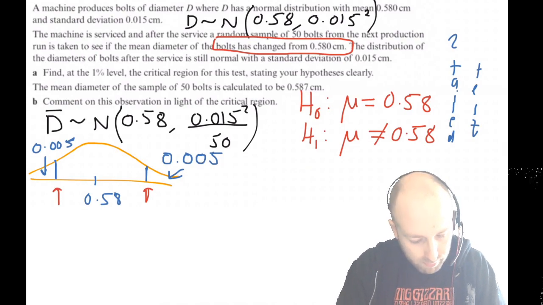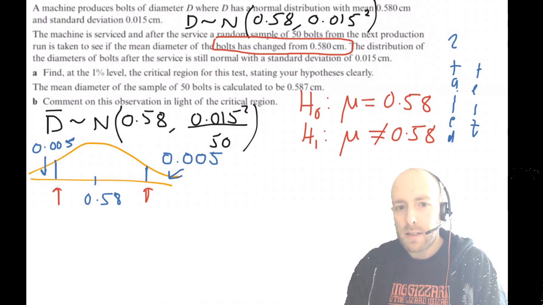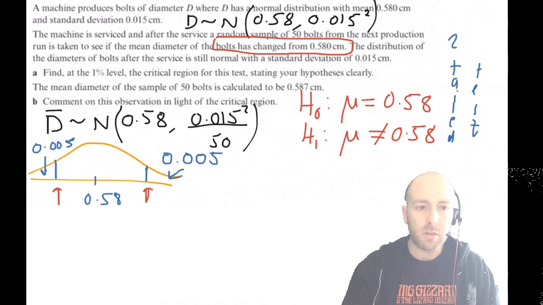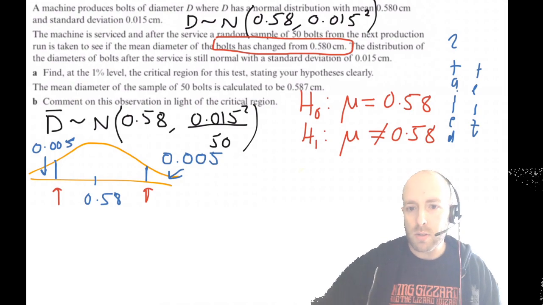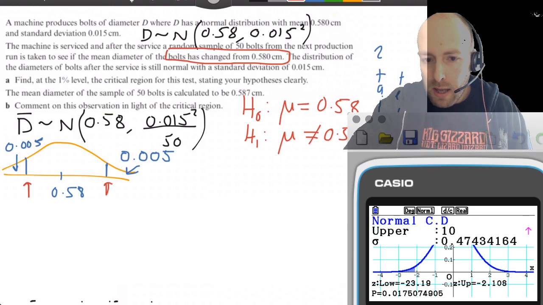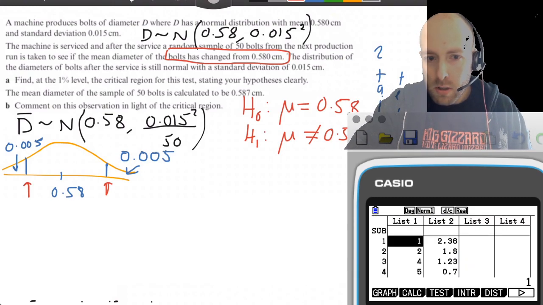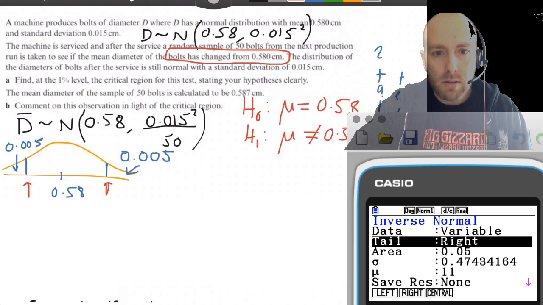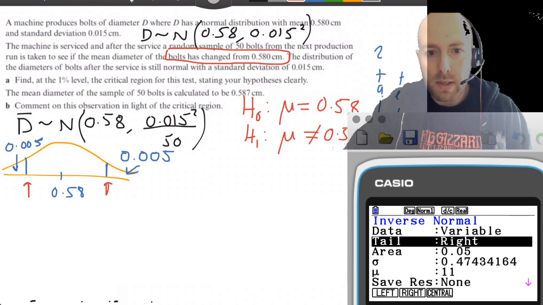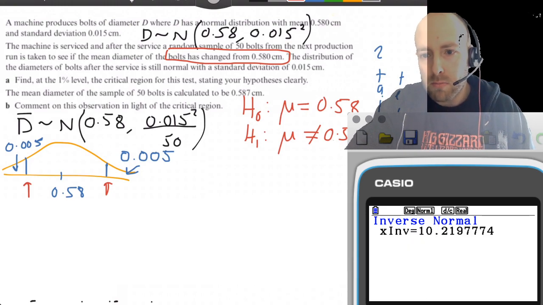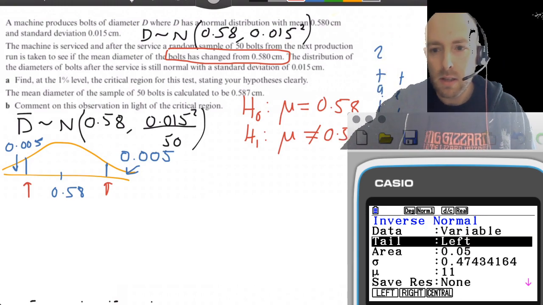So if we go to our calculator, we're going to plot the sample mean distribution, put in the probabilities, and try to find out what our values are. This one's going to be inverse normal because we know the areas and we want to find the values. Tails, we're going to have to do both. So let's start with the left-hand tail. Remember, if you're doing this on the ClassWiz, you need to be a bit careful about which way around you do things.